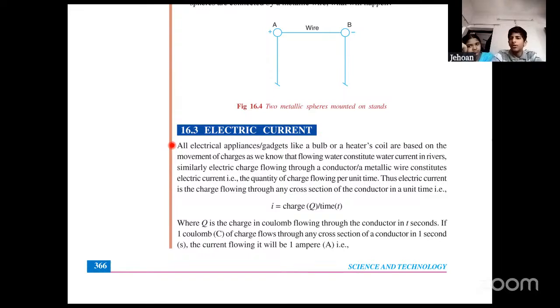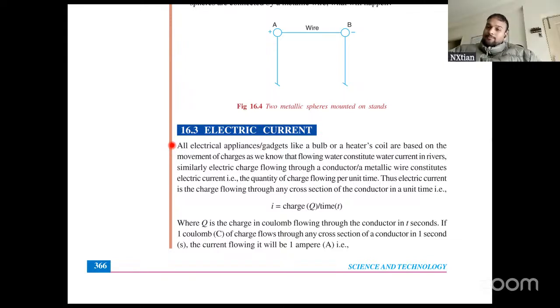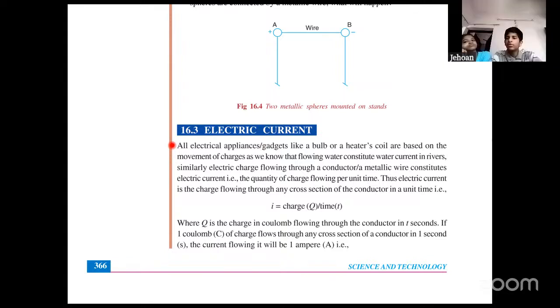It is the quantity of charge flowing per unit time. Thus, electric current is the charge flowing through any cross-section of the conductor in unit time. I equals charge Q by time T, where Q is the charge in coulomb flowing through the conductor in T seconds. Remember this formula. This is a very important formula.